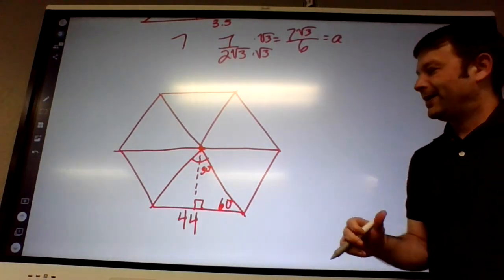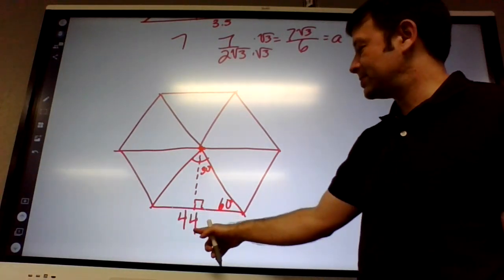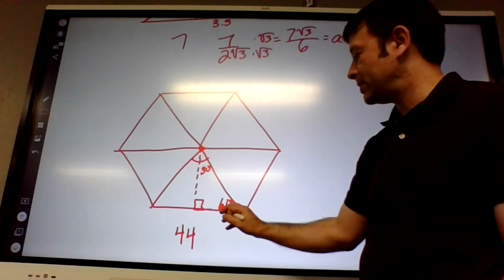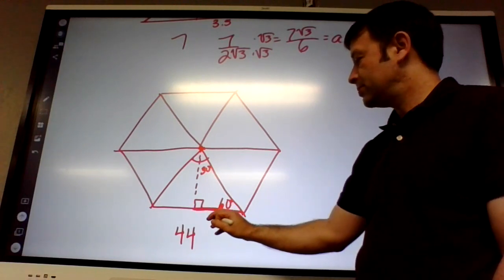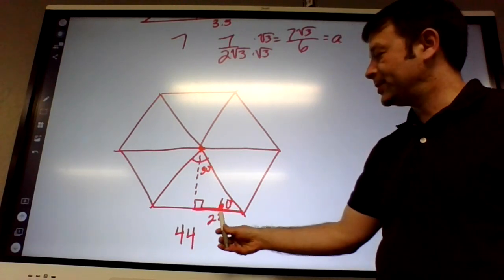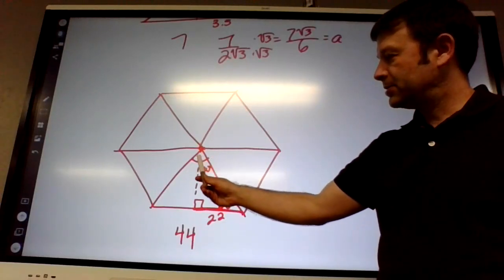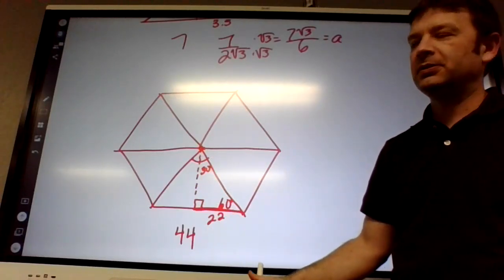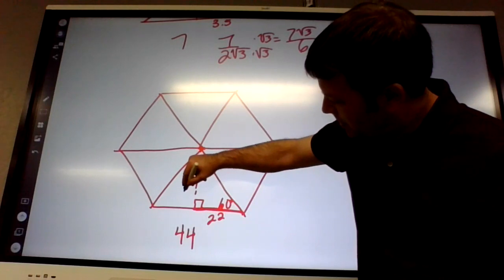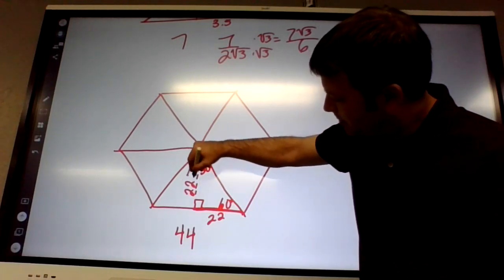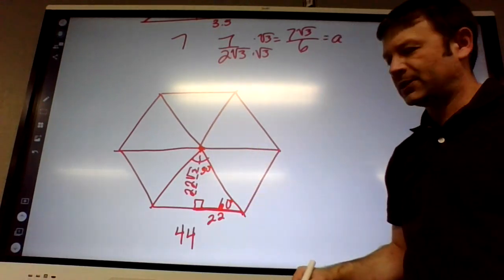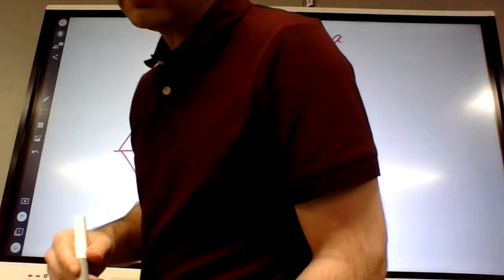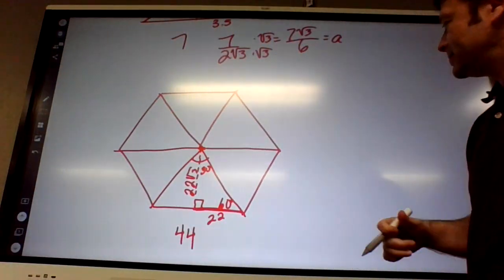Okay. And then, so if this guy is 44, what's this right here? 22. How do you go from the short leg to the long leg? 22 square root of 3. So now we have an apothem. Did they ask for the apothem or just ask for the area? Okay, just the area.